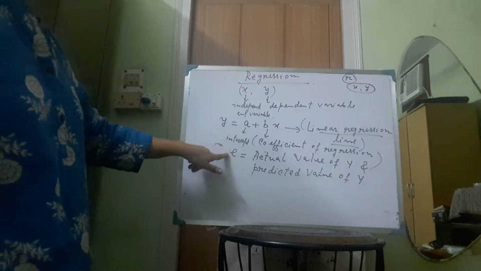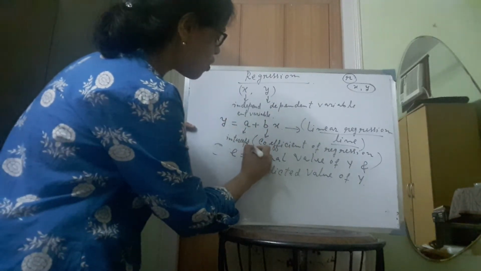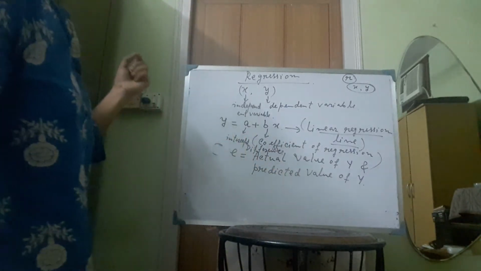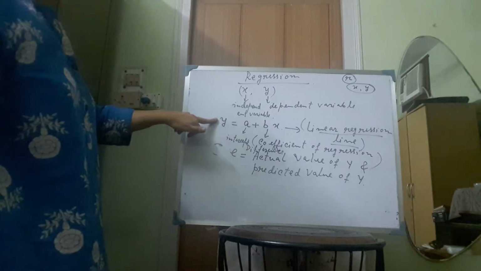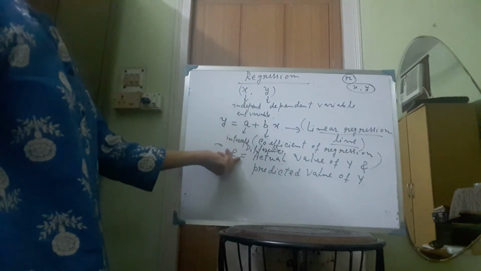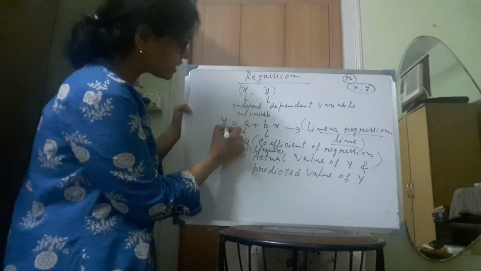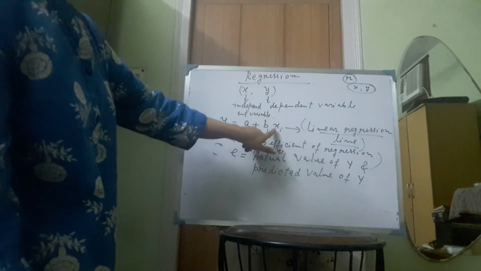And what is e? e is the difference between the actual value of y and the predicted value of y. With the help of the sample data we are predicting the value of y, and then we have the actual value of y also in the sample, and then we can find e for each of the data points. Suppose this is the ith data point, yi is equal to a plus b xi.